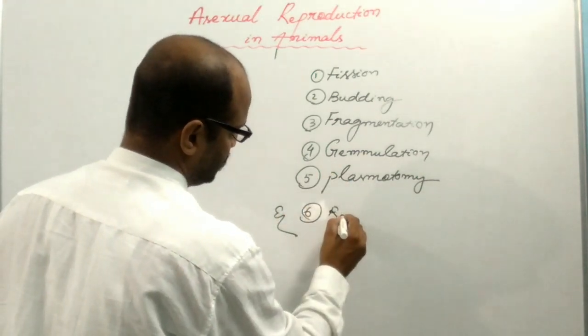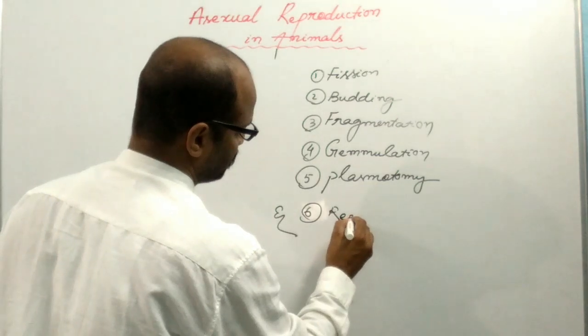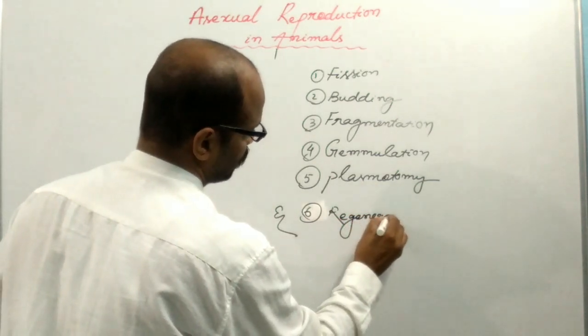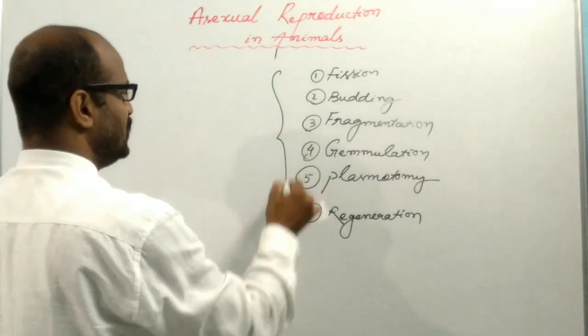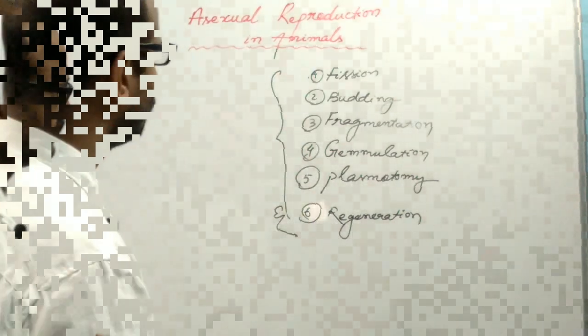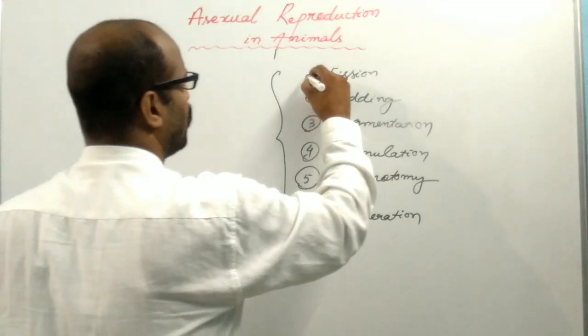I may add regeneration. So these are the various types of asexual reproduction.